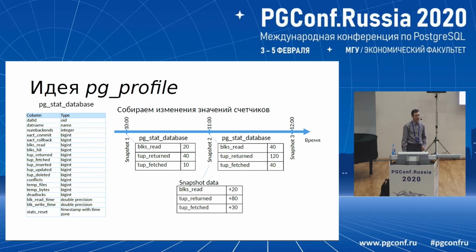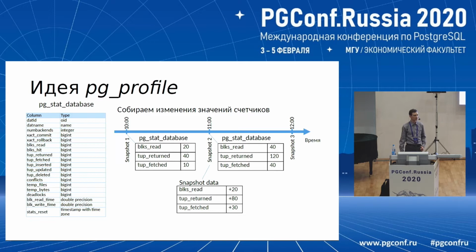PG profile works with cumulative statistics, which increase constantly. And this is a classic example of a database where the metrics are increasing over time, and it's very suitable in this manner, because we're not doing too many images and screenshots, and we do not load the database too much.